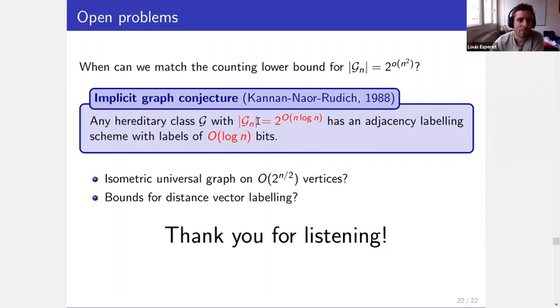There's also an interesting difference between induced universal graphs and isometric universal graphs. A random graph G(n, 1/2) is a very good induced universal graph if you take it to have the right size. But it is a very bad isometric universal graph because the diameter is very small.